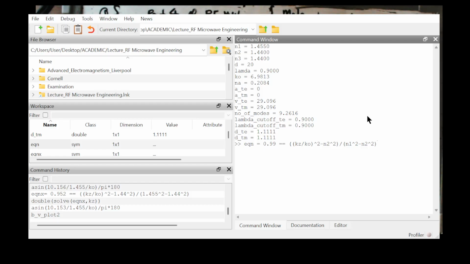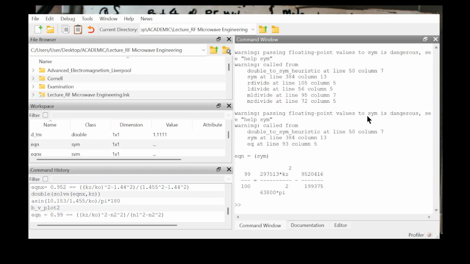I have already pre-stored the values of n1, n2 and k0, so I don't anticipate any problem. Okay, I got it now. So the next thing I'm going to do is to solve the equation for kz, and I need to make sure the final answer is a numerical value.